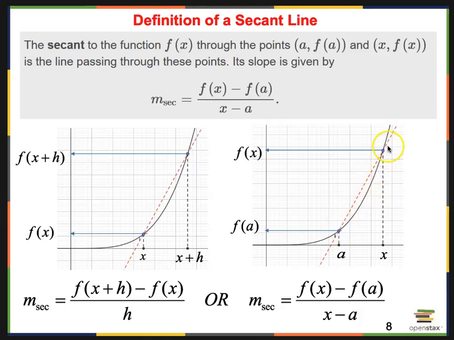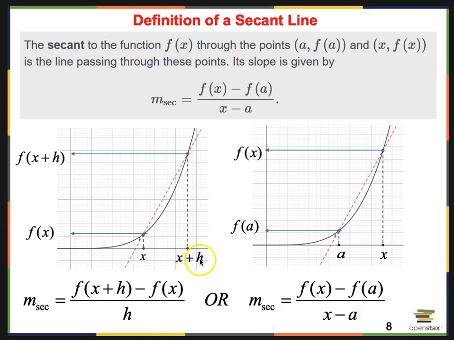So we're going to look for the slope of that secant line. Sometimes you may see it looking like this, x plus h, where h is a number that's really close to x. If x is 2, for example, then we might have 2.0001, which would be very close to x.